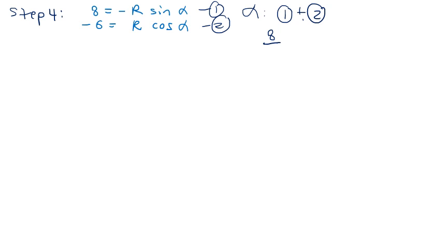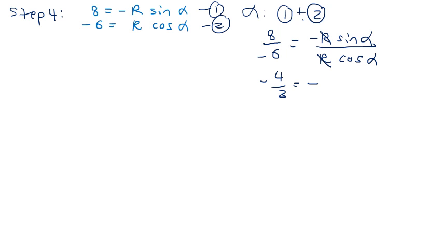So 8 over negative 6 equals to negative r sine alpha divided with r cos alpha. So here a and c we can simplify. We got negative 4 over 3 equals to negative, so r we can cancel out, and we got sine over cos, which is tangent alpha. And here both sides we have negative, we can cancel out negative, so therefore tangent alpha equals to 4 over 3.